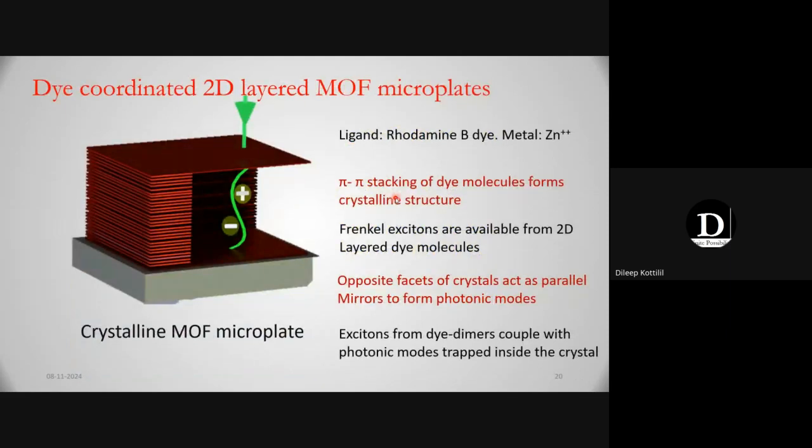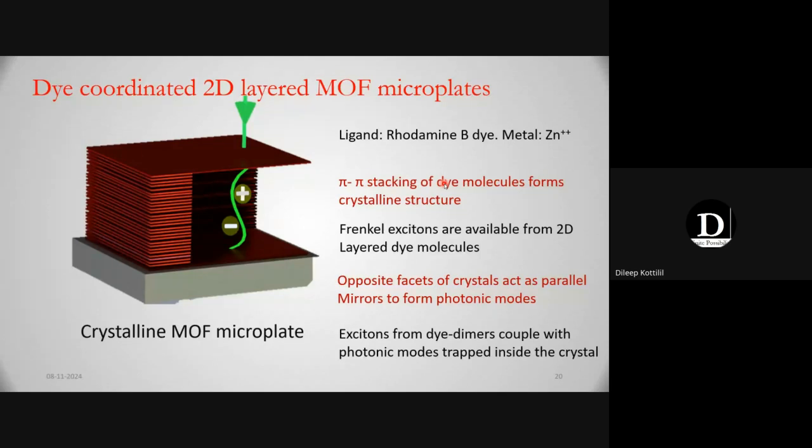In our lab, we had a collaboration with IIT Kanpur, and Dr. Mayank from IIT Kanpur made very nice MOF microplates. These are micro single crystals, which are red in color. They are very different from normal MOF systems in the sense that he has incorporated a dye molecule, rhodamine B, which is a well-studied dye.